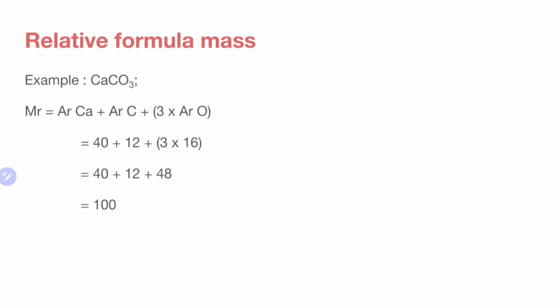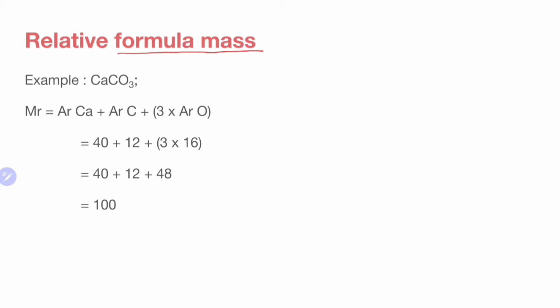Now we come to an example of how we calculate the relative formula mass. This is formula mass, not molecular mass, and it is for ionic compounds.